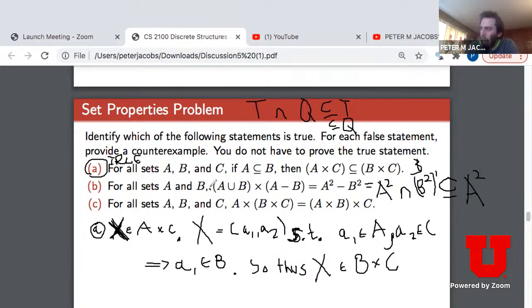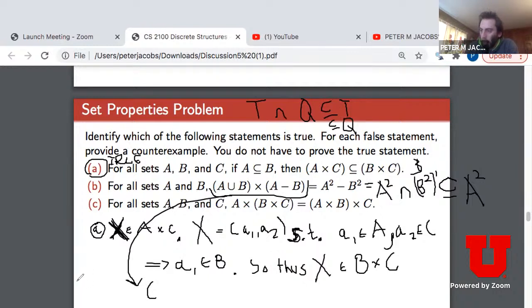The left-hand side, well, suppose there was an element that was in B that was not in A, and we took that element and made it the first entry in an ordered pair.